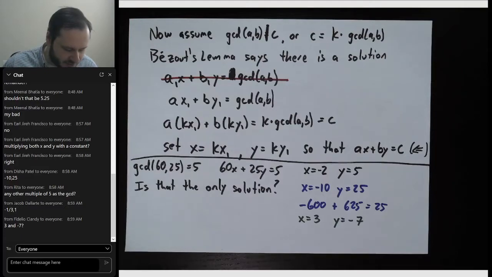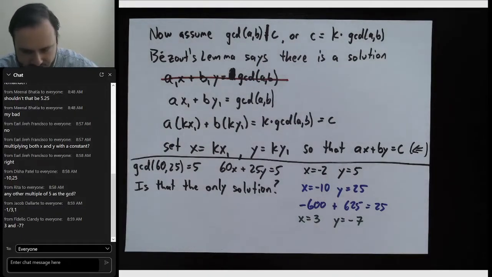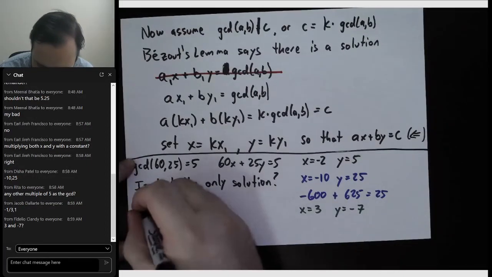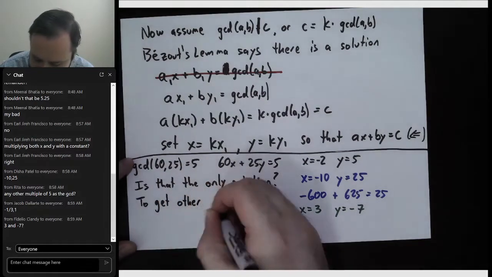And it turns out that there are infinitely many solutions. And what's the trick? What is it that I want to do? I want to add and subtract the same number to get other solutions.